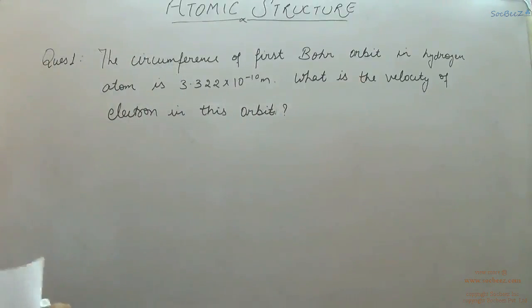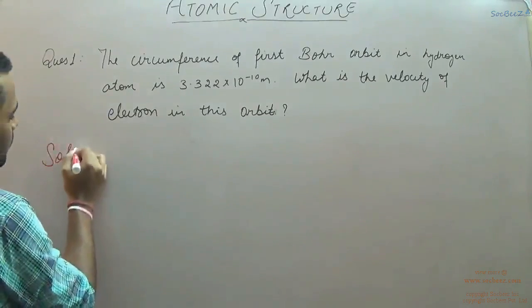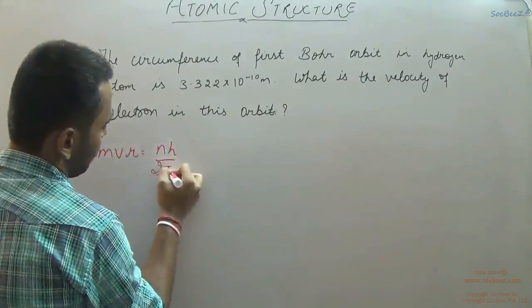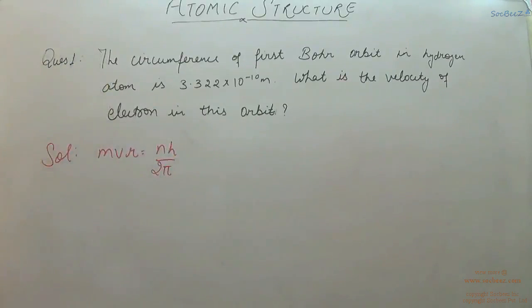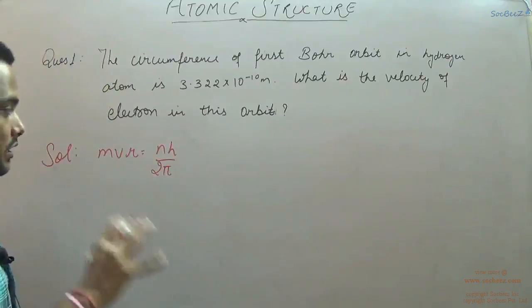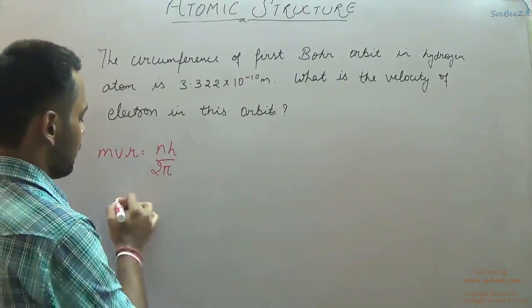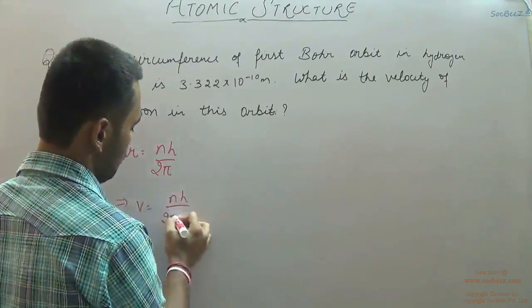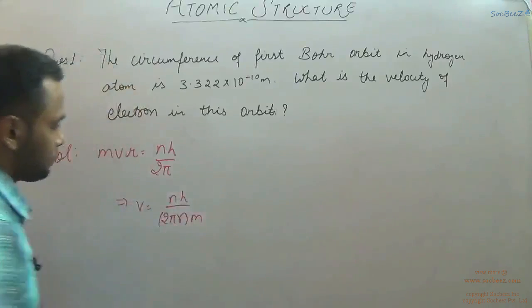So the circumference of the first Bohr orbit in hydrogen atom is 3.322 into 10 raised to the power minus 10 meter. What is the velocity of an electron in this orbit? Here we make use of a simple formula, mvr equals nh upon 2 pi, which is one of Bohr's postulates as we discussed earlier. We can rearrange it as v equals nh upon 2 pi r into m.